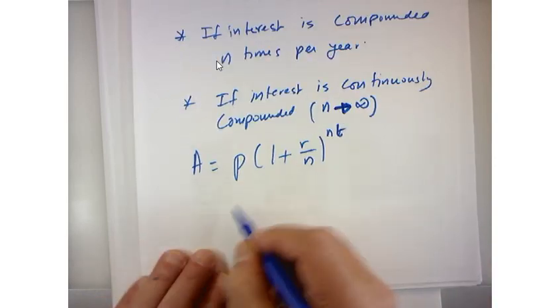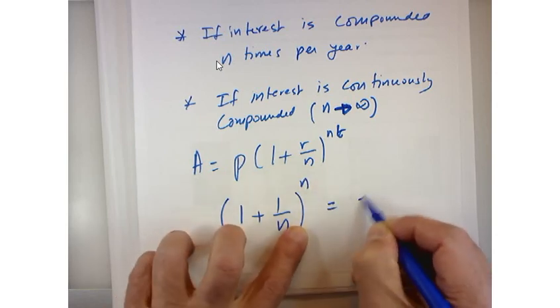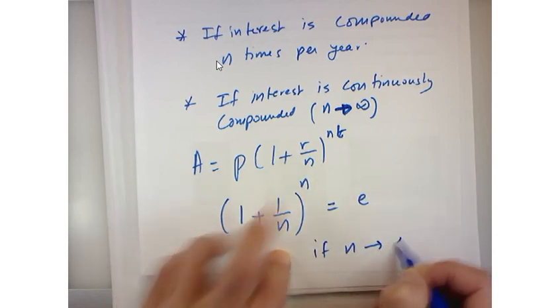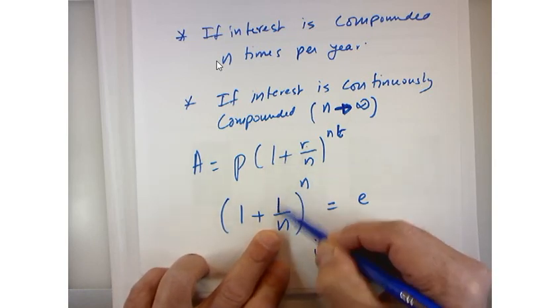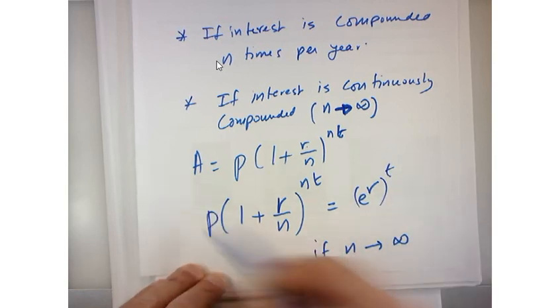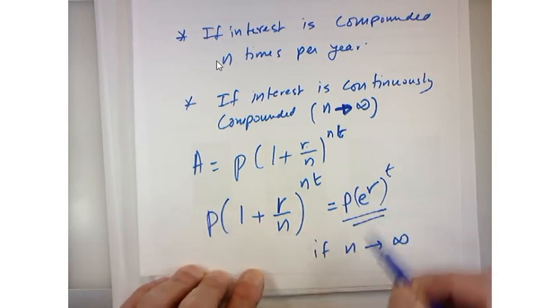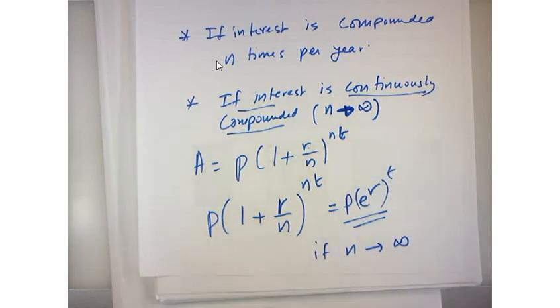So remember how we defined e? We said this is e if n is infinite, and we know now n is infinite. And if we want r here, then we have to put r there. If we want t, we put t in the exponent times p. So we use Pert when interest is continuously compounding. That's the formula we use right there.